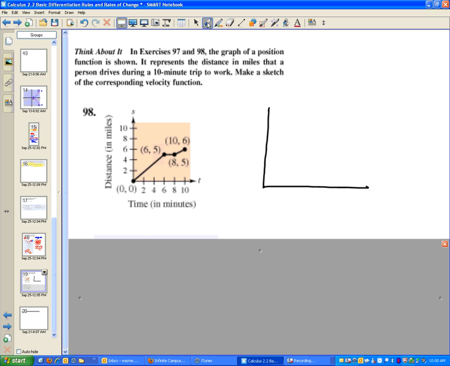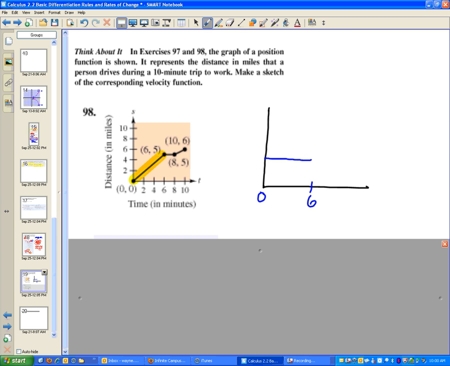For this part of the graph right here, what's the approximate slope of that graph? It's pretty close to 1, right? Does the rate of change, or is it constant there? It's a line, so it doesn't change. So that means from 0 to 6, the velocity is a steady close to 1.